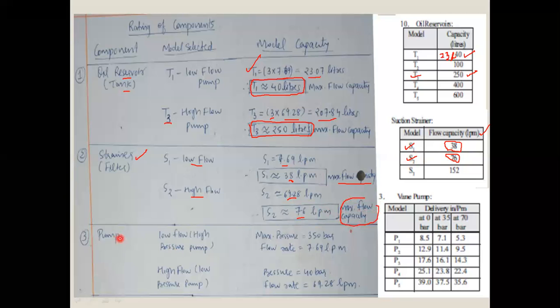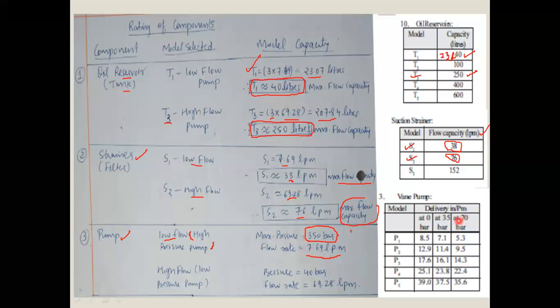Then coming to the next component, the vane pump. First I will consider the low flow pump. Low flow means, in brackets I am writing, the high pressure pump, and its maximum pressure is 350 bar and the flow rate is 7.69 liters per minute.